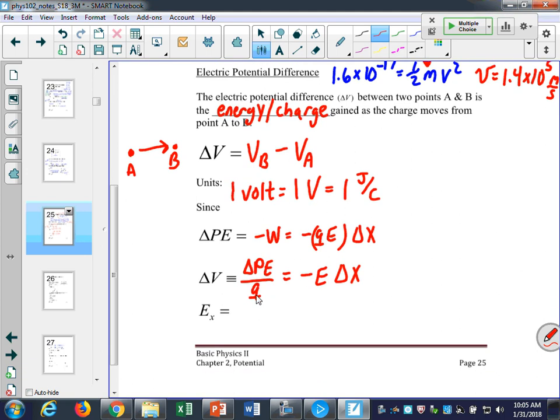All I did here is take this and divide it by q, and I'm left with E delta x. I just got rid of the q. This is our definition of potential difference: my change in potential energy between two points divided by the charge. And then E_x is negative delta V over delta x.